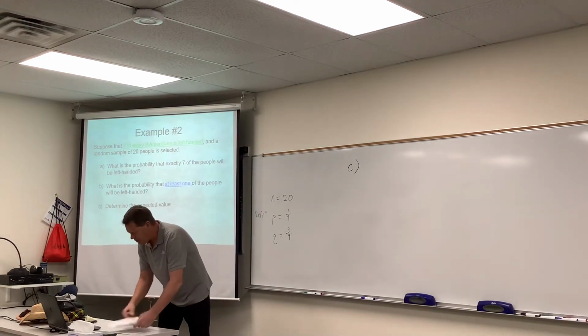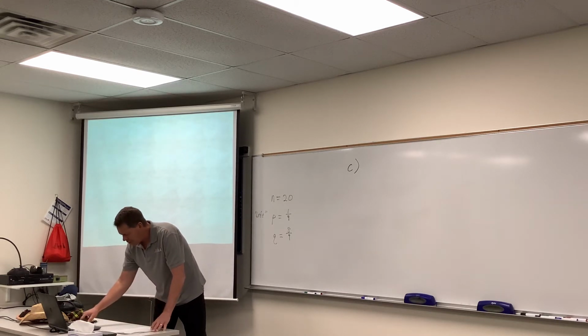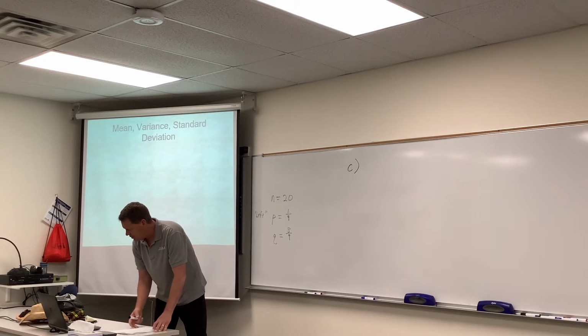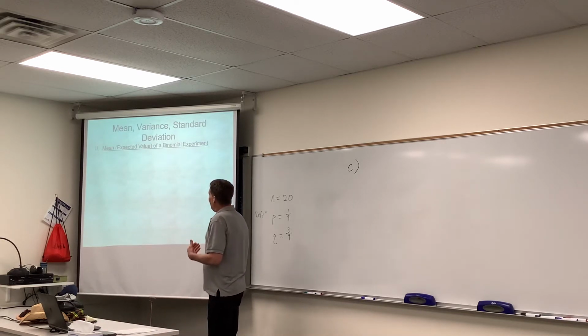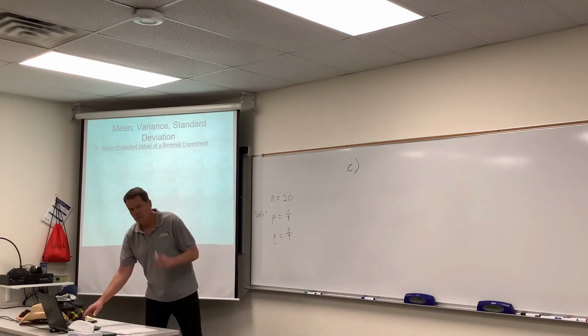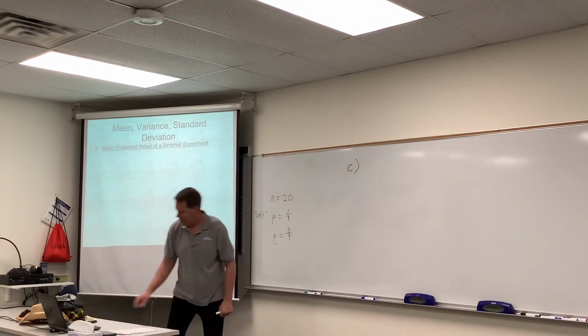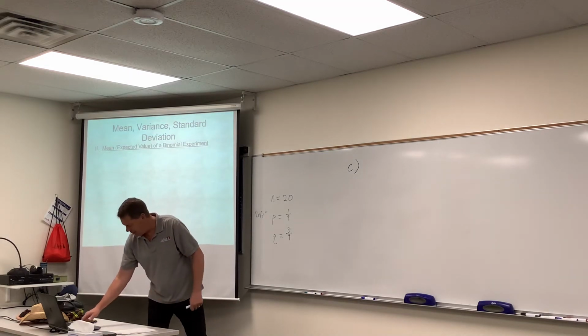This is a situation where you just have to trust the smart math people of the world. If you look at your notes that say mean, variance, and standard deviation, you will note that the mean, otherwise known as expected value, for a binomial experiment, smart math people have figured out. I think this one has some intuition that we'll talk about in a minute.